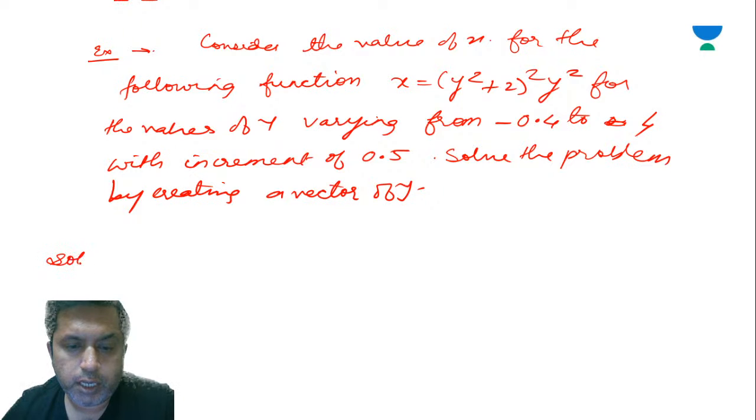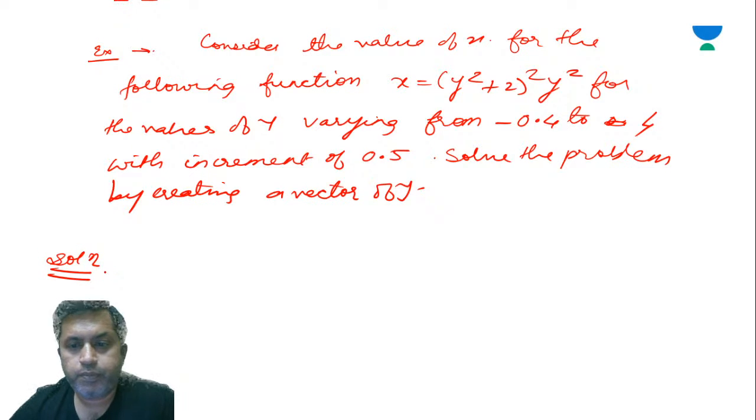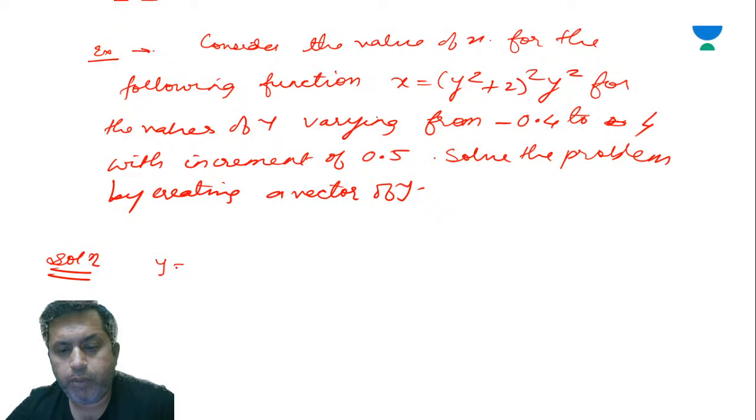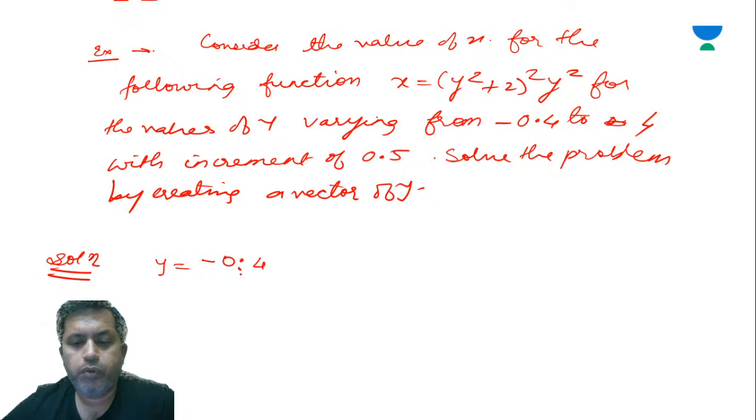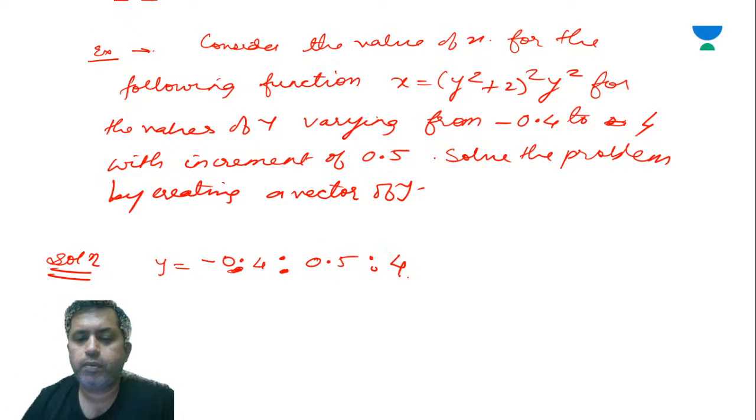So let us see a solution. Okay, function is given for values of y, so y will be equal to minus 0.4, sorry, this is not, is to 0.4 is to 0.5 is to 4.